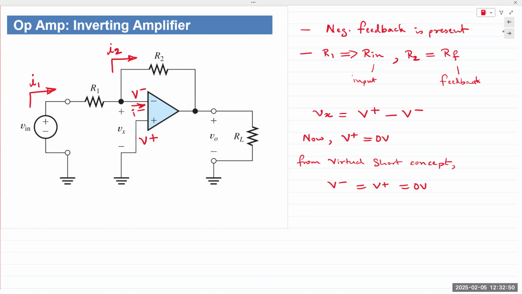So if it's being fed back into the inverting terminal, the cumulative effect is that you have V in coming into the non-inverting terminal and the output is fed back into the inverting, so it's being decreased. And so it's forced to go to 0. V in for the op-amp is the difference between the inverting and the non-inverting terminals. The actual signal could be something else, but V in for the op-amp is the difference between the two terminals. And so that is being forced to 0.